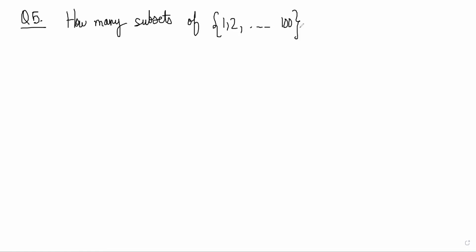Question 5. The question is how many subsets of 1, 2 till 100 contain at least one odd number? At least one odd number.